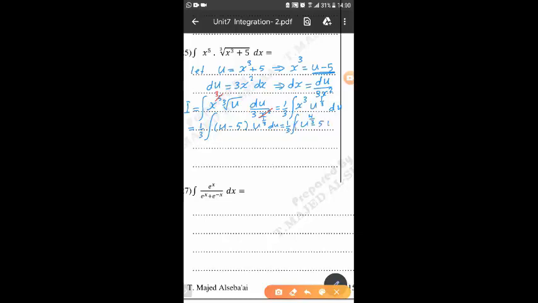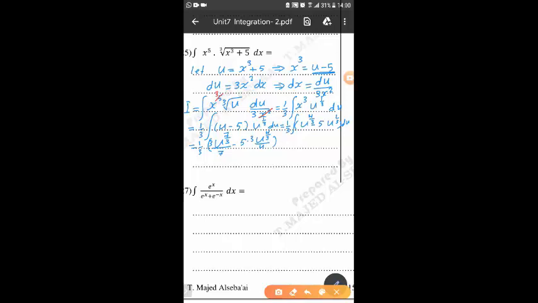Minus 5 u to the power of 1/3 du equals 1/3 bracket u to the power of 4/3 plus 1 is 7/3, and 3 over 7 will be up here, right? Minus 5 u to the power of 4/3, because I added 1 over 4/3 and 3 over 4 will be here, multiplied by 5. Okay, that's it.